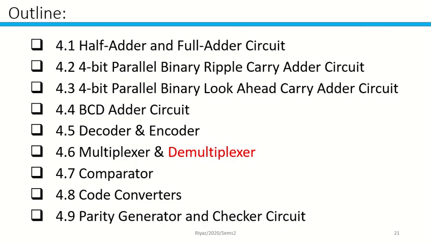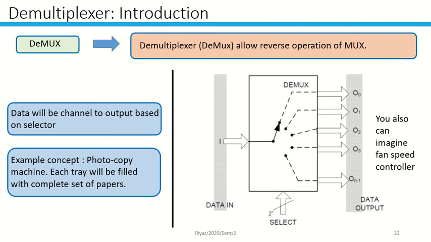So now we go for the demultiplexer. Whenever you have a demultiplexer, this is the reverse operation of a multiplexer. So with this one you can select which data or which situation you want. If you still remember, if you have a fan, at the bottom there is a selector 1, 2, 3, 4, 5, which is the speed you want.